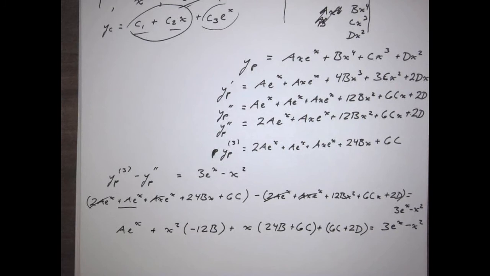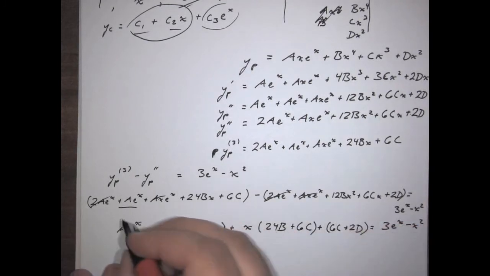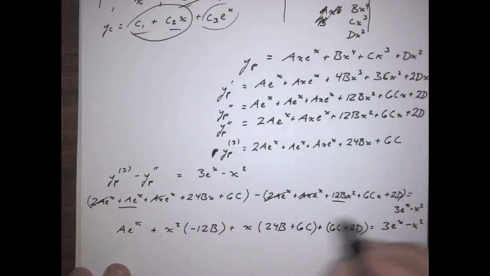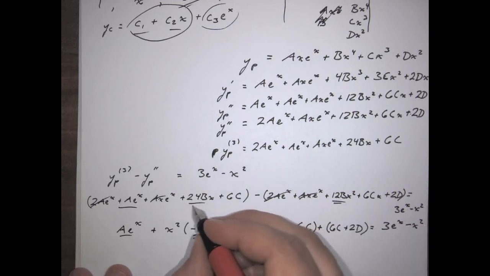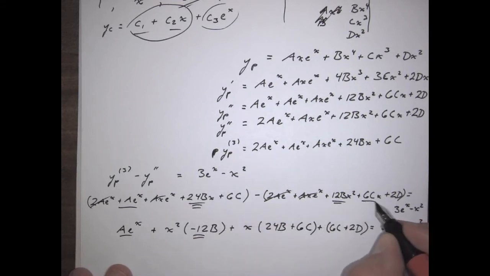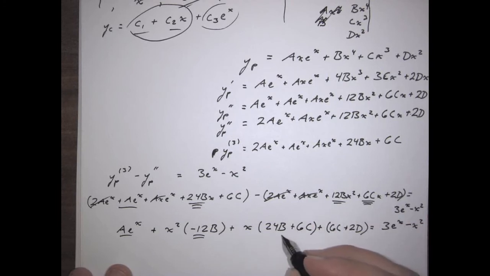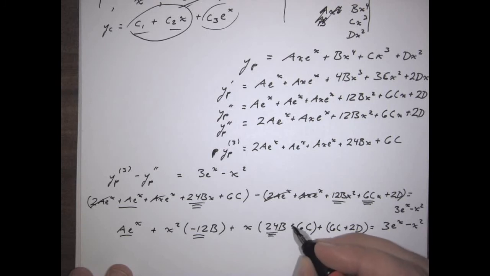That's the first piece. This is the second piece. These are the third piece. And now that I see this should be a negative, so correct that.